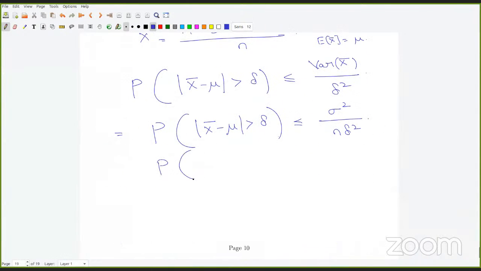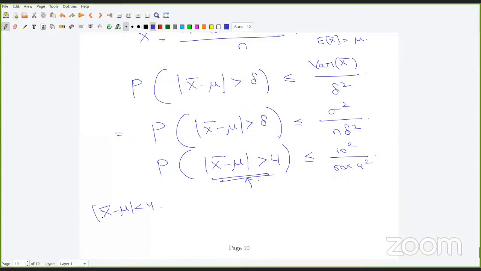So the probability that x bar minus mu is greater than 4 is less than 10 square divided by 50 times 4 square. But this is not our event. What is the event? Less than 4. So how do we get it? 1 minus this. If this particular probability is less than this, the complement event probability will be greater than 1 minus this.